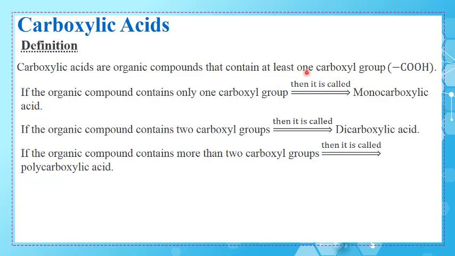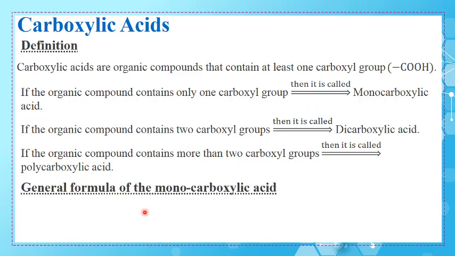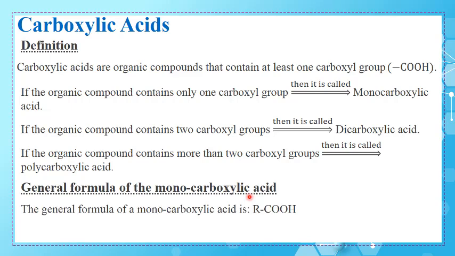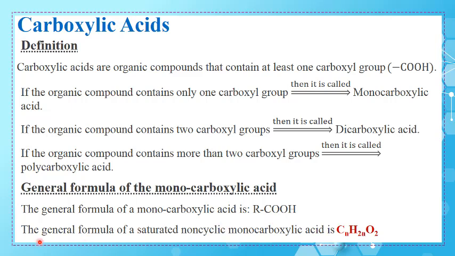Here, we will be limited to mono-carboxylic acid, which means having only one carboxyl group. The general formula of the mono-carboxylic acid, sometimes called simply carboxylic acid in the coming parts, is RCOOH. And if the carbon chain is saturated and non-cyclic, the general formula written in terms of n would be CnH2nO2.